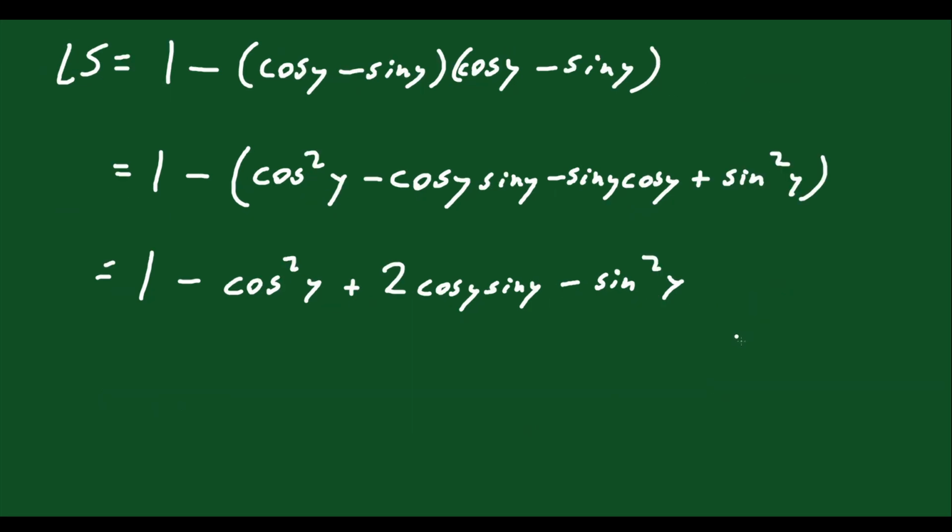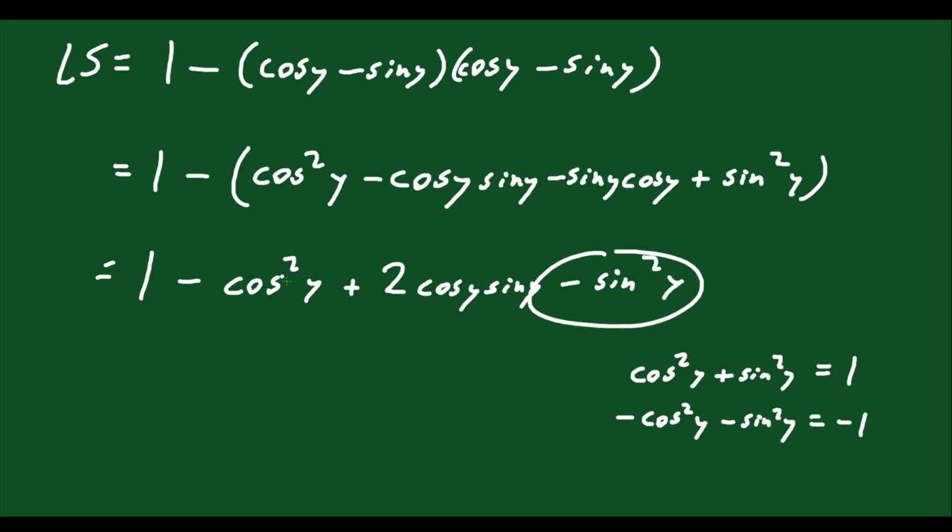Now, what ends up happening? Well, if you recall from your Pythagorean identity, cos squared y plus sine squared y is equal to 1. So if you have the opposite, if you have minus cos squared y minus sine squared y, that's equal to negative 1. So this term and this term together make negative 1, and negative 1 will cancel with this positive 1 on the front.